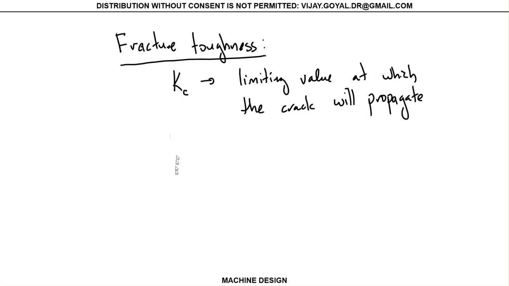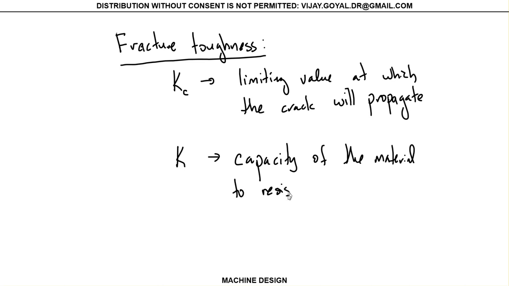Now, what we call the fracture toughness of the material, the K, is the capacity of the material to resist crack growth. Then at the bottom we can have subscripts.